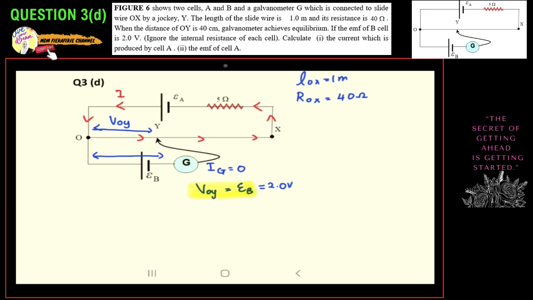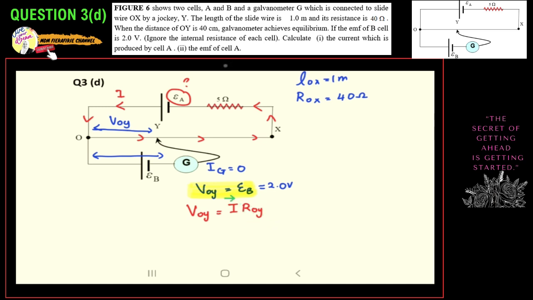Current that produced by EMF A, and then calculate EMF A tu berapa. Ini tak tahu nilai ni berapa, so kita nak kira. Kita gunakan konsep when IG is equal to 0, the voltage across OY is equal to EMFB. EMFB dia dah bagi kat situ. So let's write the general equation for VOY. V is equal to IR, so VOY is equal to I times the resistance from O to Y. Current I ni current yang lalu kat sini tadi, samalah untuk circuit atas.